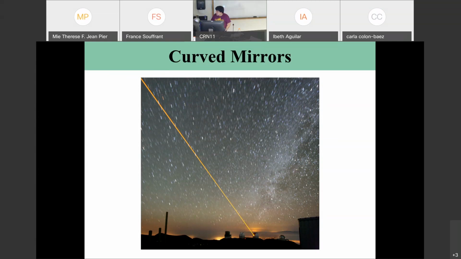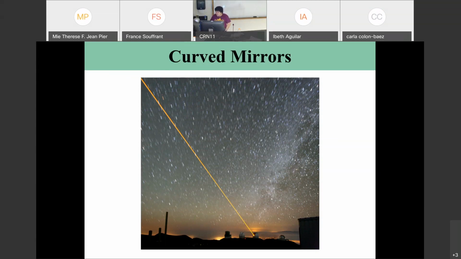In professional astronomy, in large observatories, like for example in Hawaii, Mauna Kea, they use a sort of laser pointer. They use a bright star in the field, or they recreate a bright star using this laser as a reference.